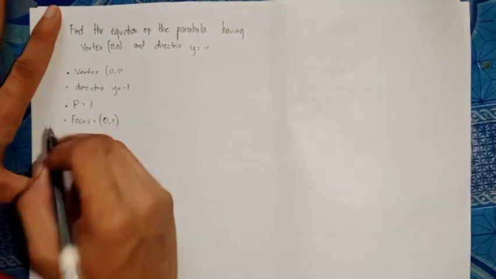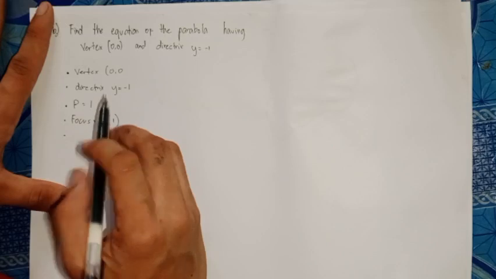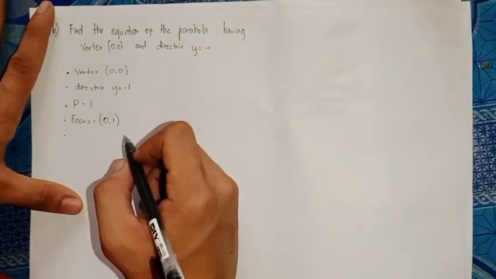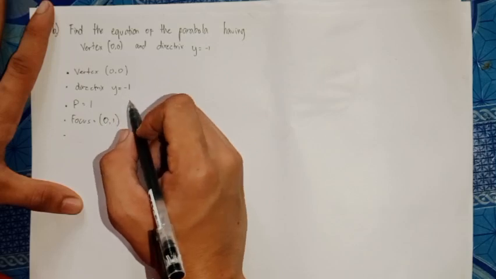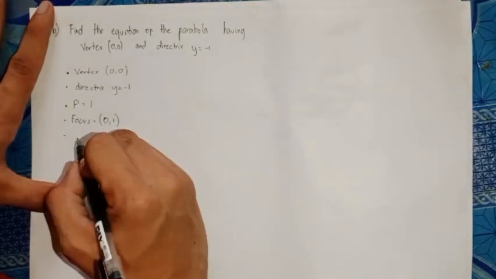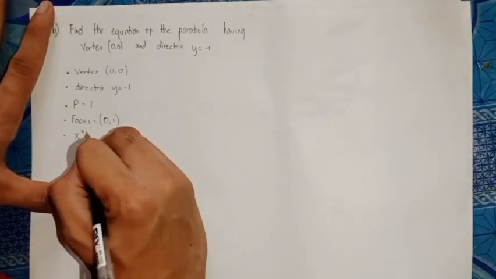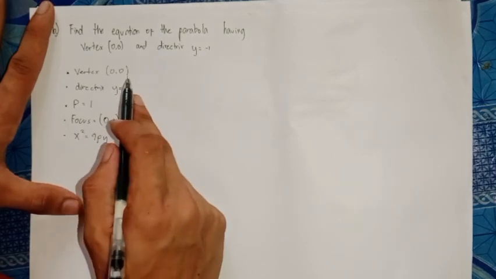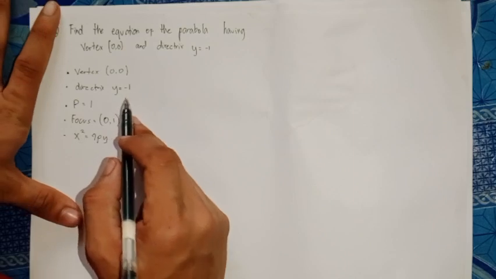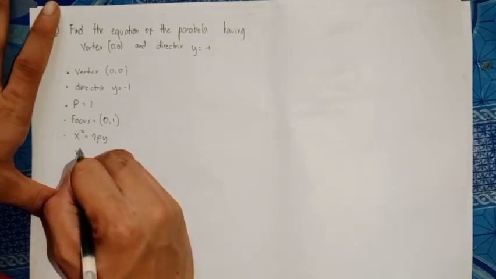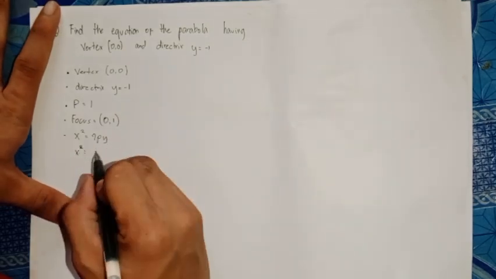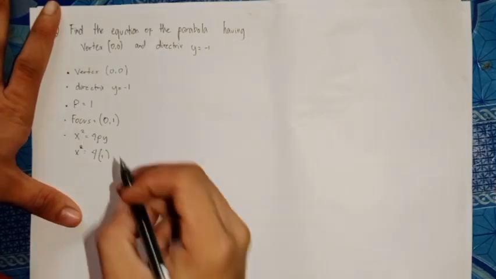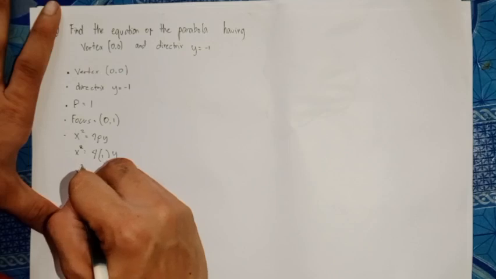Next, since we have the focus and vertex, we can now find the equation of the parabola. As you can observe, the directrix is y is equal to negative 1. Therefore, we can use the formula x squared is equal to 4py. Now x squared is equal to 4, our p is 1, and y, so therefore x squared is equal to 4y.